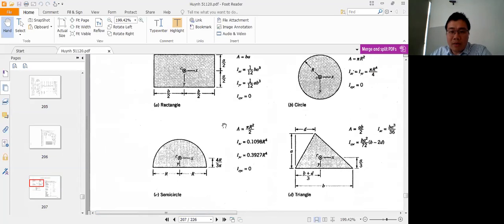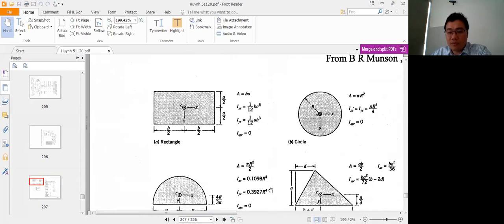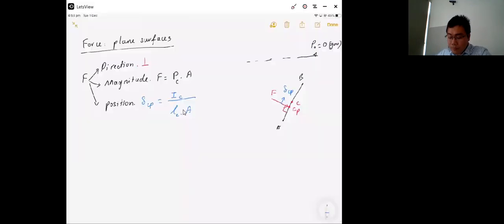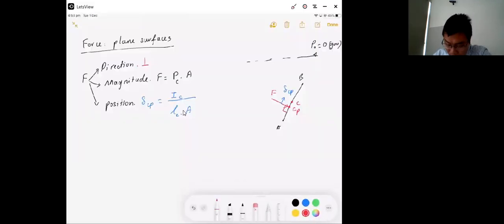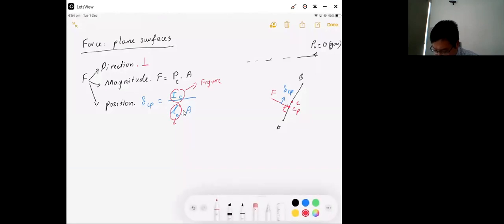For some common shapes, you have IC in the figure equation. A is the area, and LC is the distance from C to the zero gauge pressure level, in the AB direction.